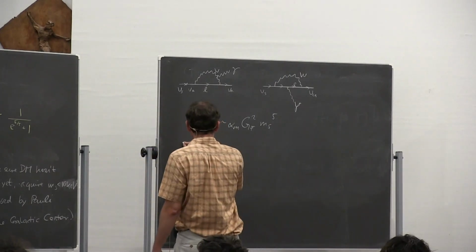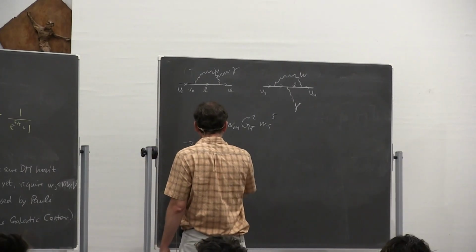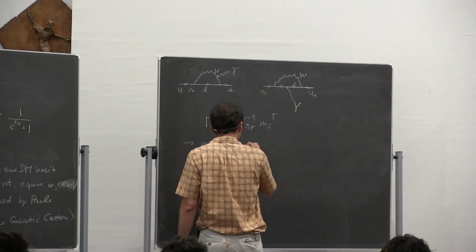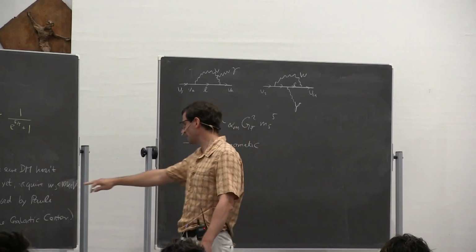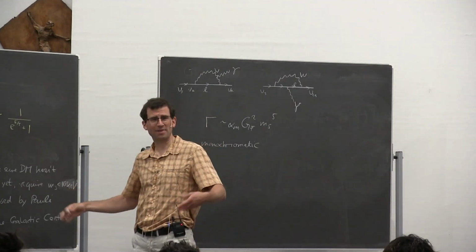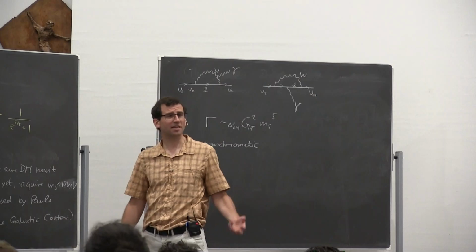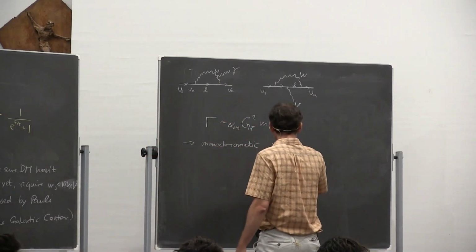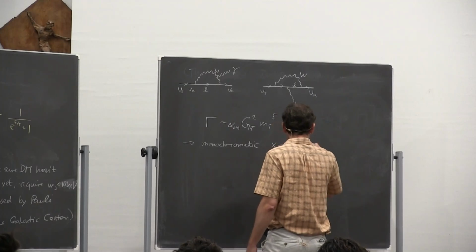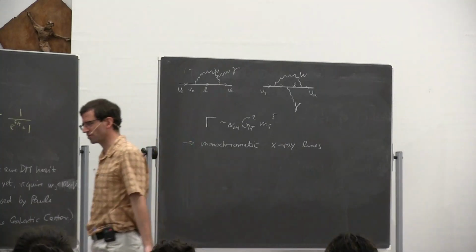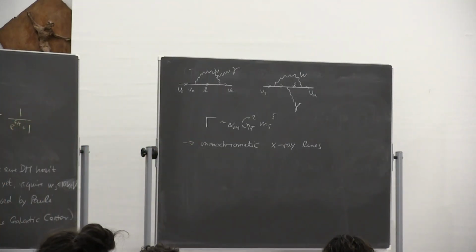So this leads to monochromatic photons. And if we look at these mass constraints, less than 10 keV, but heavier than maybe 1 keV or so, then these are photons in the X-ray range. So this predicts monochromatic X-ray lines. And that's a very characteristic astrophysical signature, because there aren't that many things that give you monochromatic X-ray lines.